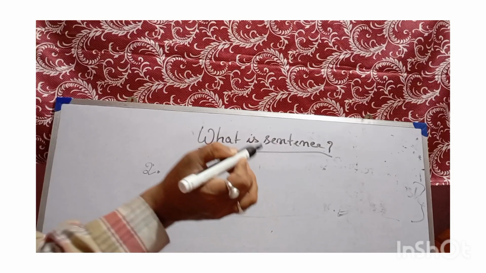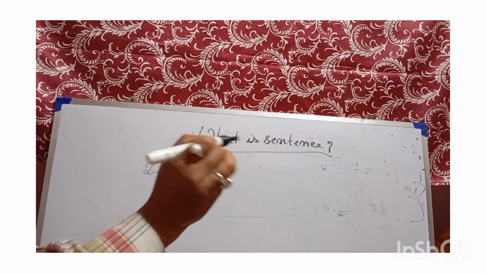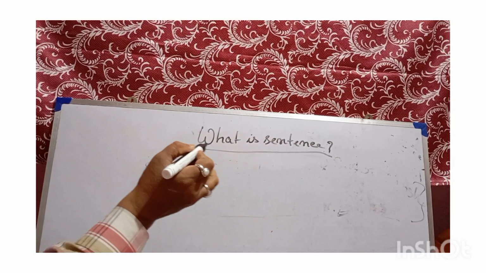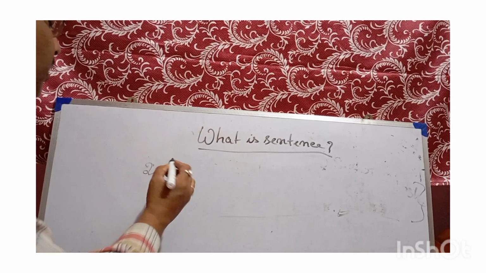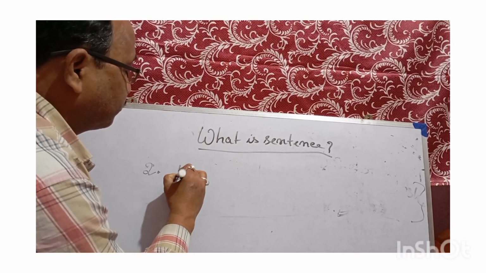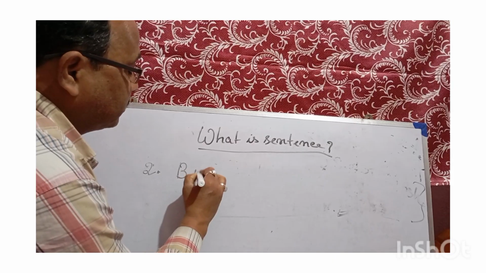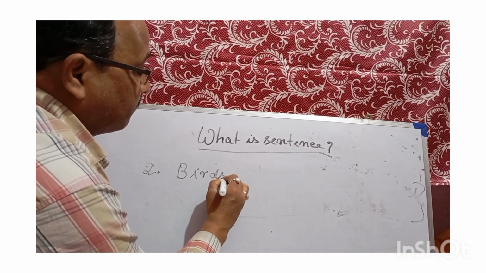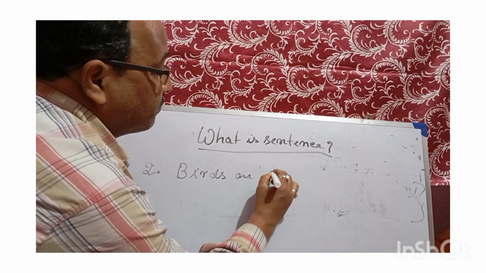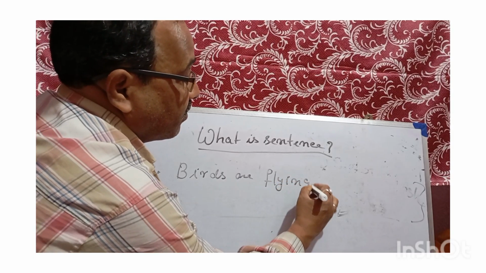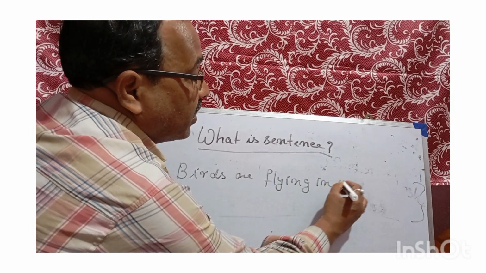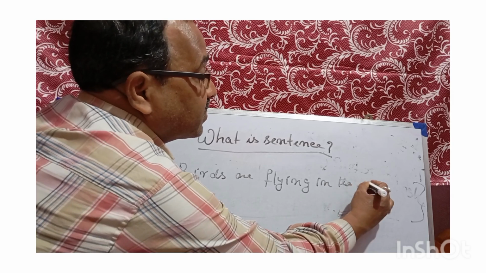Number two example: Birds are flying in the sky. Birds are flying in the sky. What is the meaning of that? Birds, are, flying, in the sky.